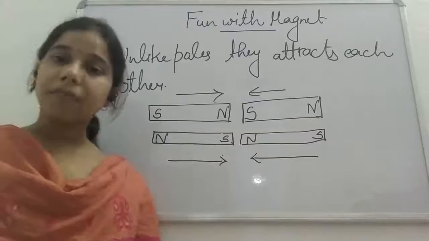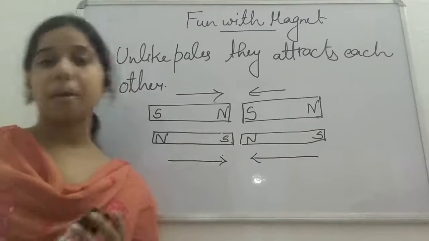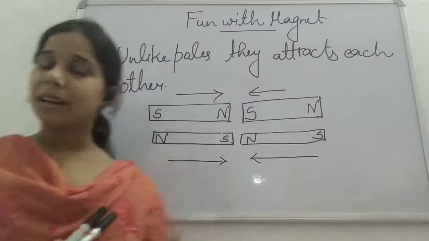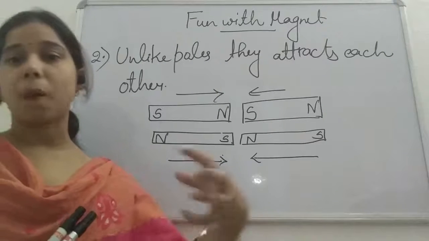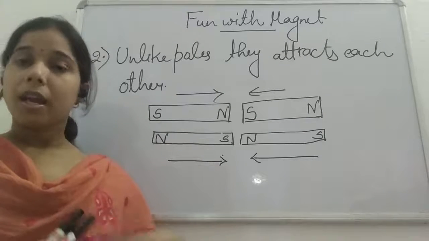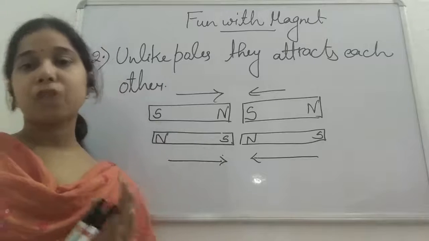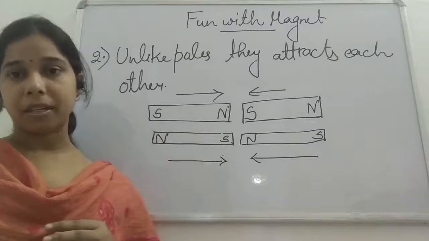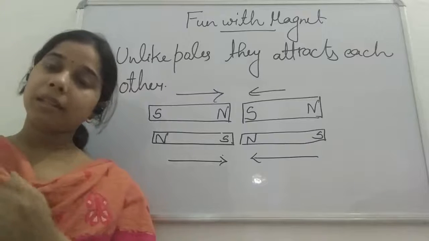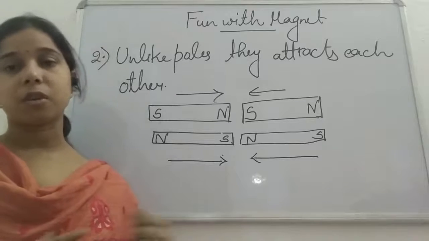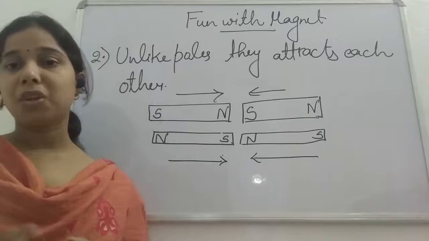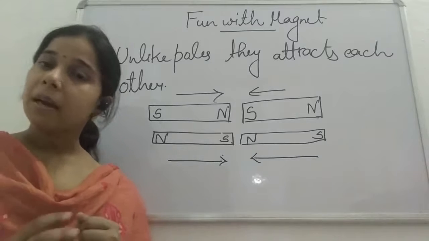Then the next question is: how can we make a magnet? We said that there are some materials which have the property of a magnet, meaning they show attraction towards a magnet, and such a material is a magnetic material. And there are some materials which do not show such attraction towards a magnet, and we call them non-magnetic materials.